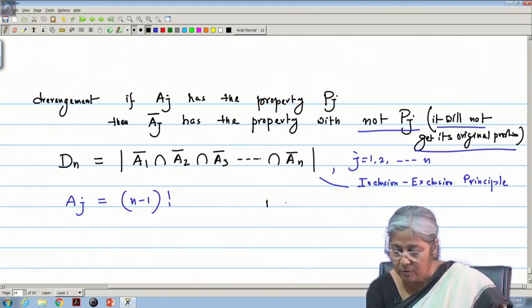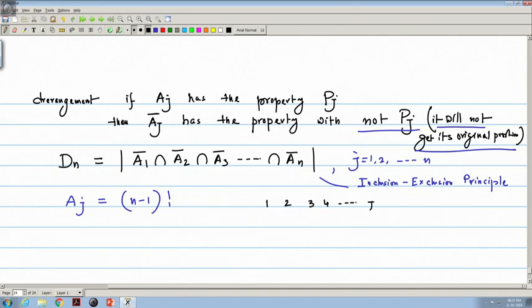So, I am writing 1, 2, 3, 4. I am considering some j in n. Then what are the places j can take? j cannot take this place because this is its original position. That means, other than this place, j can take any one of the places.